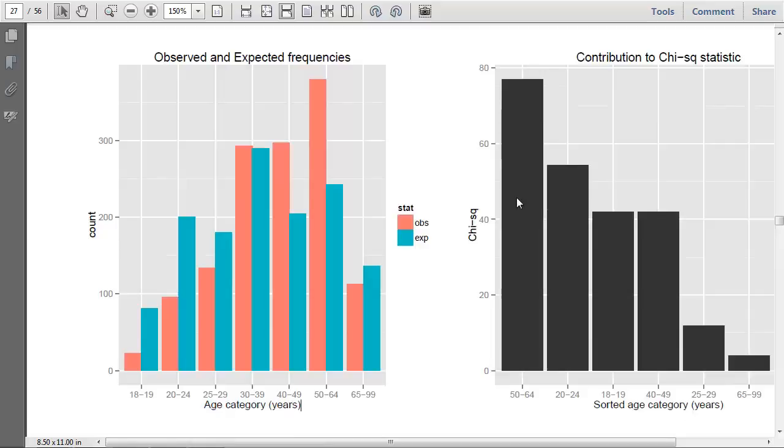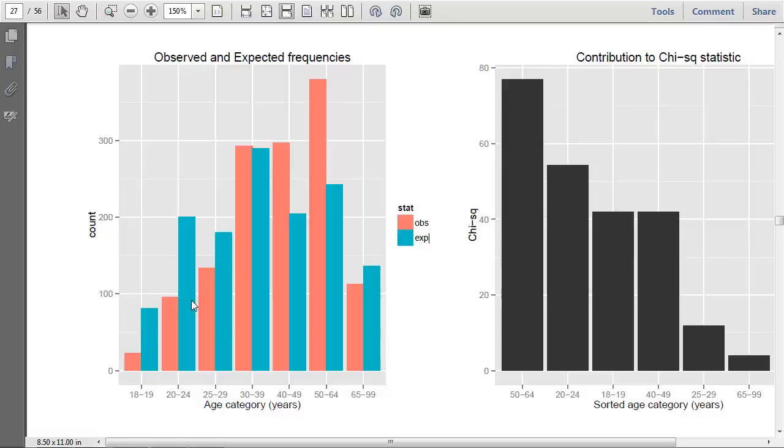We've got red and blue in the legend. The red are the observed counts, and the blue is what we expected under the null hypothesis from the census. And so as we go through each age category, we can see where the differences are. So for the 3 youngest age categories, for people basically younger than 30, the observed in red is less than the expected in blue.